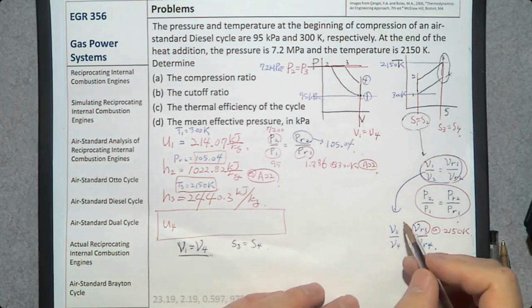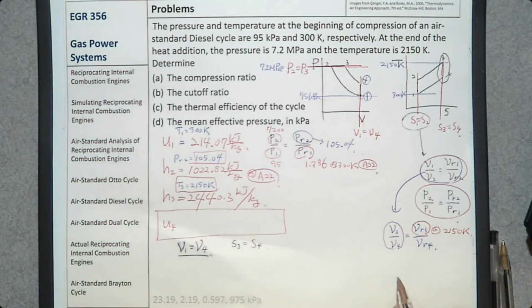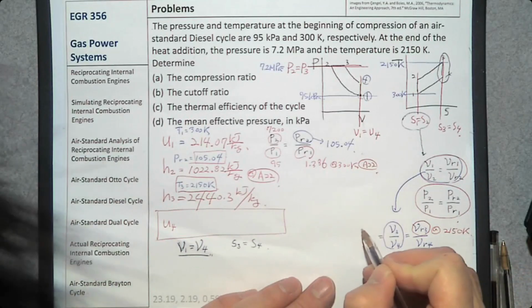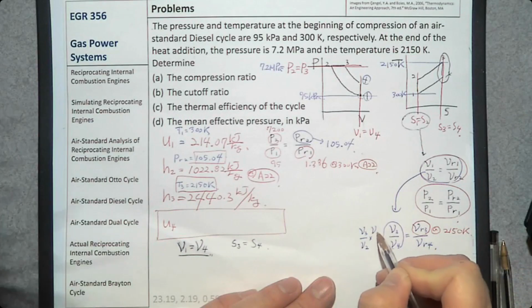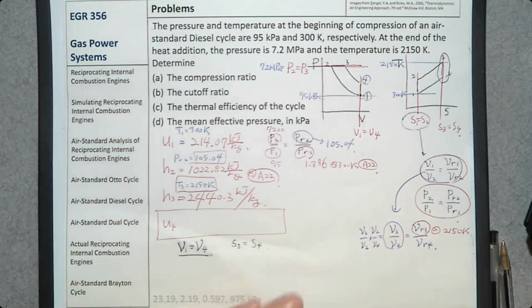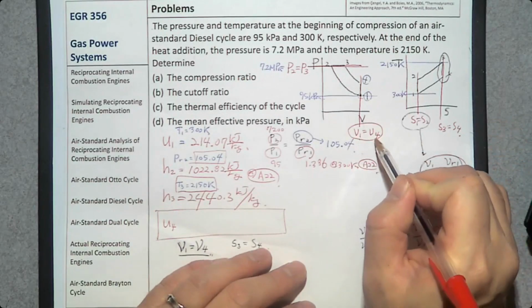We do not know VR4, so let's find it. If you want to determine V3 over V4, it's going to be V3 over V2 times V2 over V4. And according to this one, V1 is the same as V4.